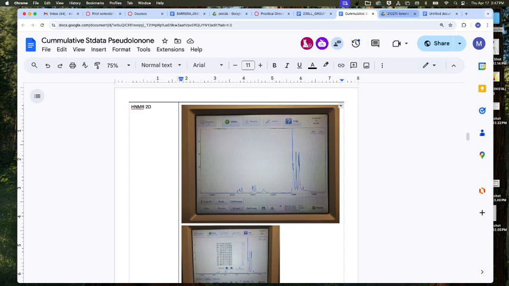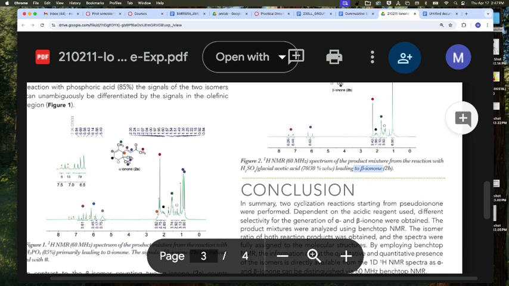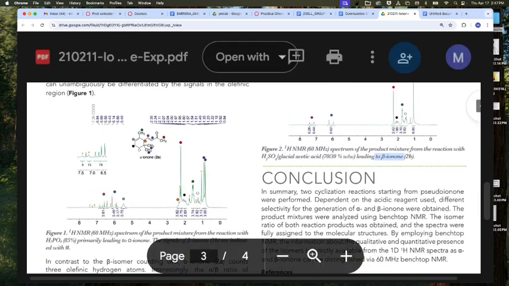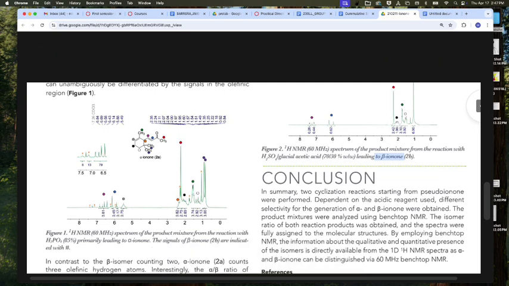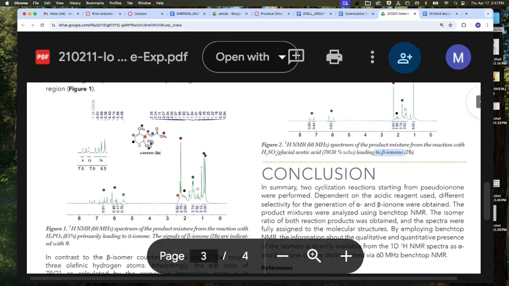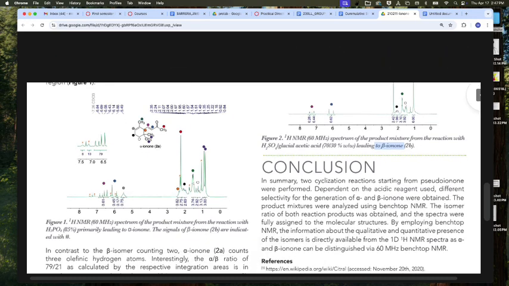This is where we could go back to the spectra and look at figure 1. Take a look at figure 1, and you're like, oh my God, what a giant mess. There's even more peaks in it. And if we read real carefully through the footnote here, see all these little red things floating around? Those little red things correspond to the beta ionone.